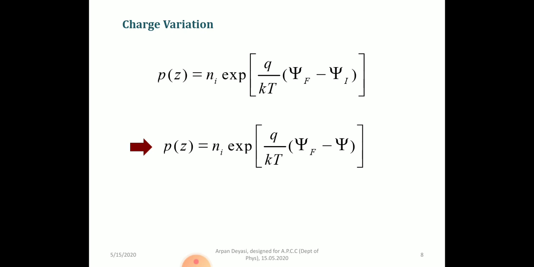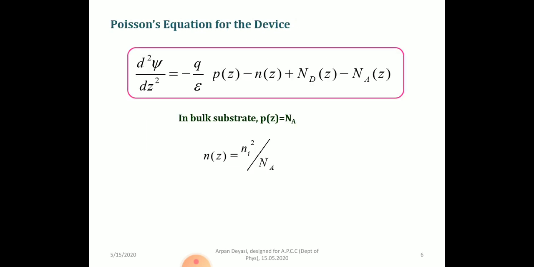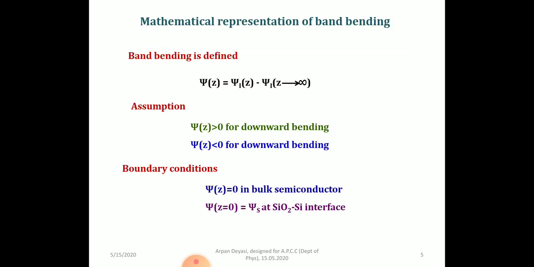If you forget, I am showing you again the mathematical representation here, where I am considering psi(z) as psi_I(z) minus psi_I at z equals infinity. And what is psi at z equals infinity? It is basically 0, because I have already said that in the first boundary condition psi(z) equals 0 at the bulk semiconductor. So if I put that, then psi_I(z) is nothing but psi(z).